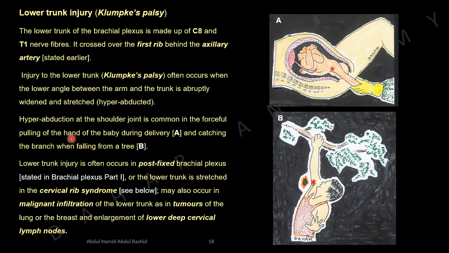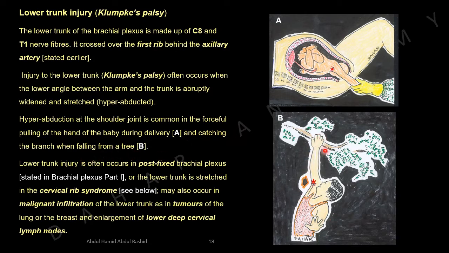Hyperabduction of the shoulder joint is common in the forceful pulling of the hand of the baby during delivery. See diagram A, pulling of the baby during birth, and catching a branch when falling from a tree.